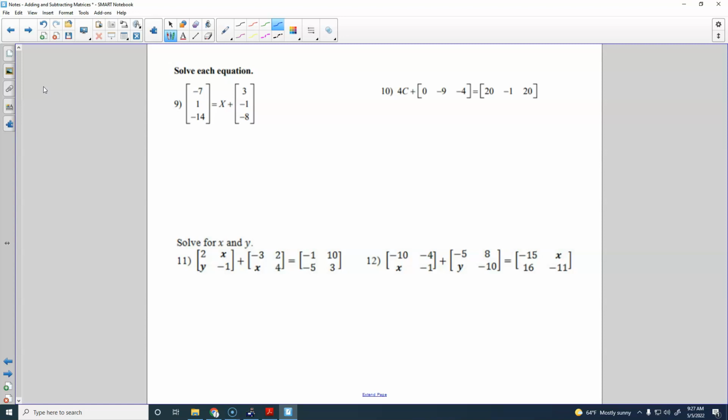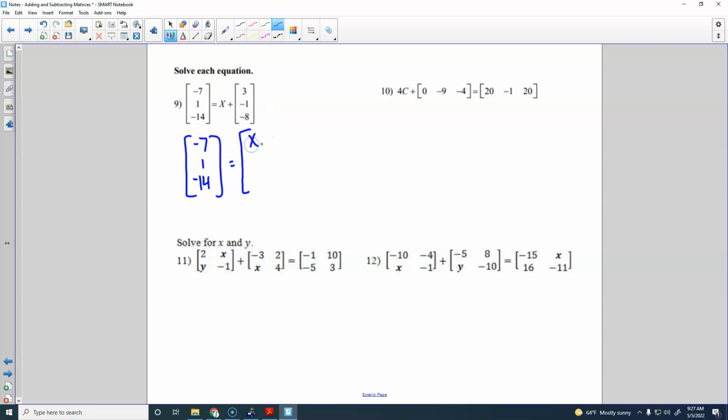All right, so now we do have here some equations. So these are a little bit different. We've got negative 7, 1, negative 14 equals x plus 3. So whenever we look at this, x there is going to be a matrix itself. And if we wanted to, we could think of it like this.